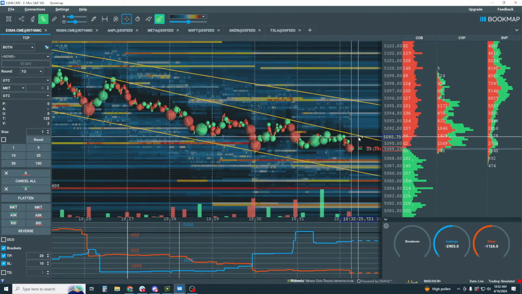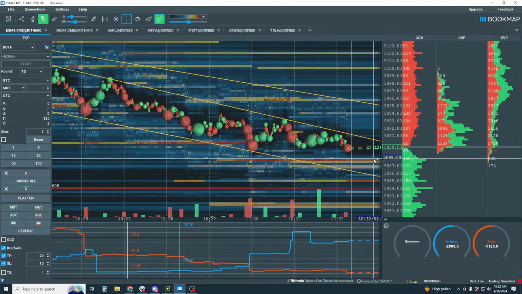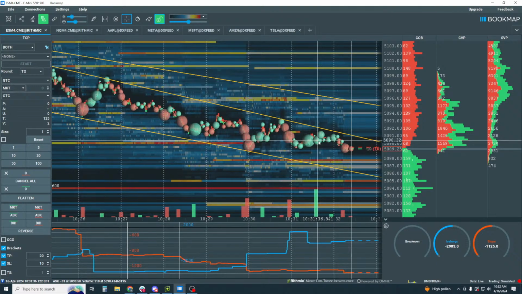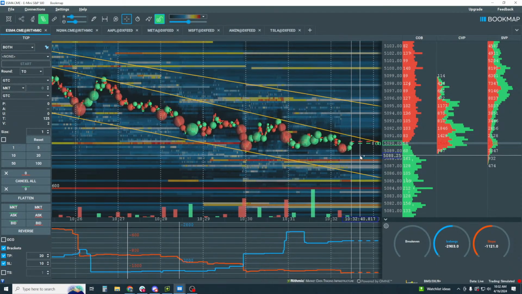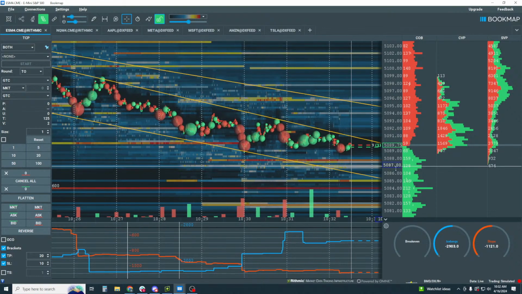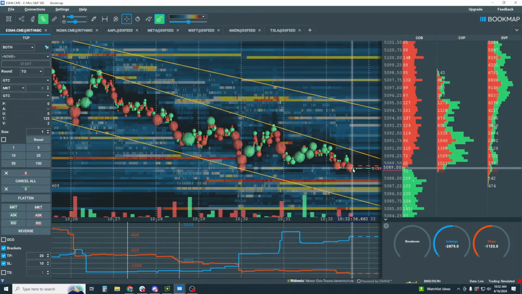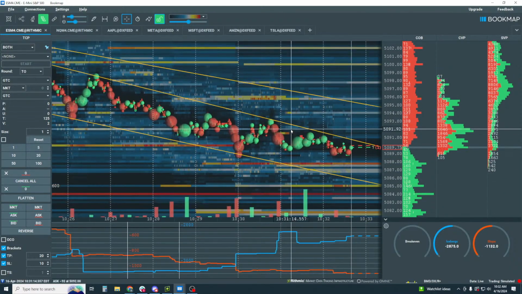Well, you can see some of the sellers starting to come in here, and this buying in here, maybe it's just covering, but we really need to see those sellers come back in here. And I'm actually looking for them for this sweep lower into this liquidity in here.